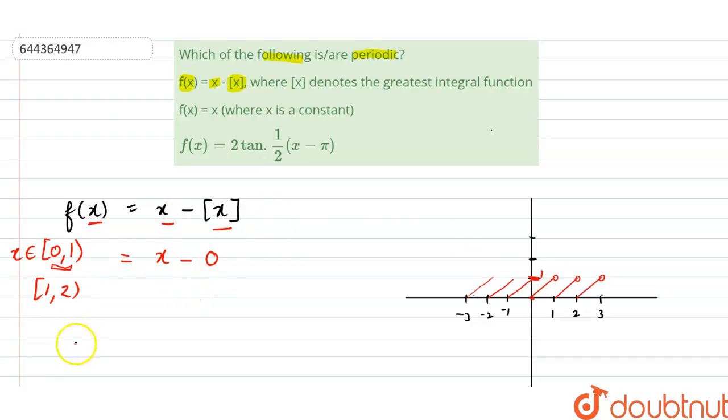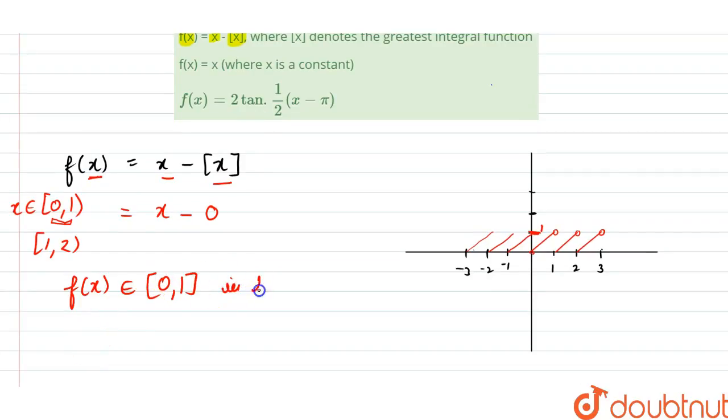So we can say that f of x is taking values from 0 to 1, and it is repeating its values in the period of every consecutive integer interval.